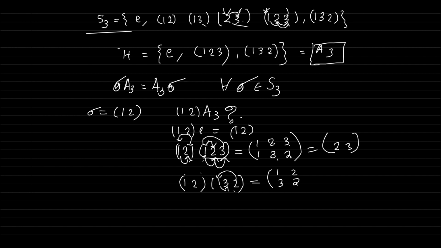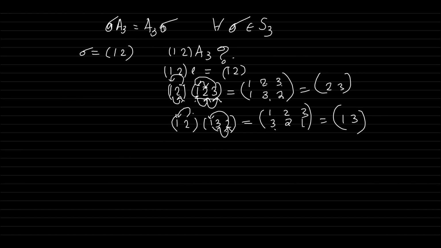And in the second cycle 3 maps to 2, and in the first cycle 2 maps to 1. So here it is 1, and this is equal to the cycle (1 3). Hence the coset (1 2)A3 is equal to the set {(1 2), (2 3), (1 3)}.